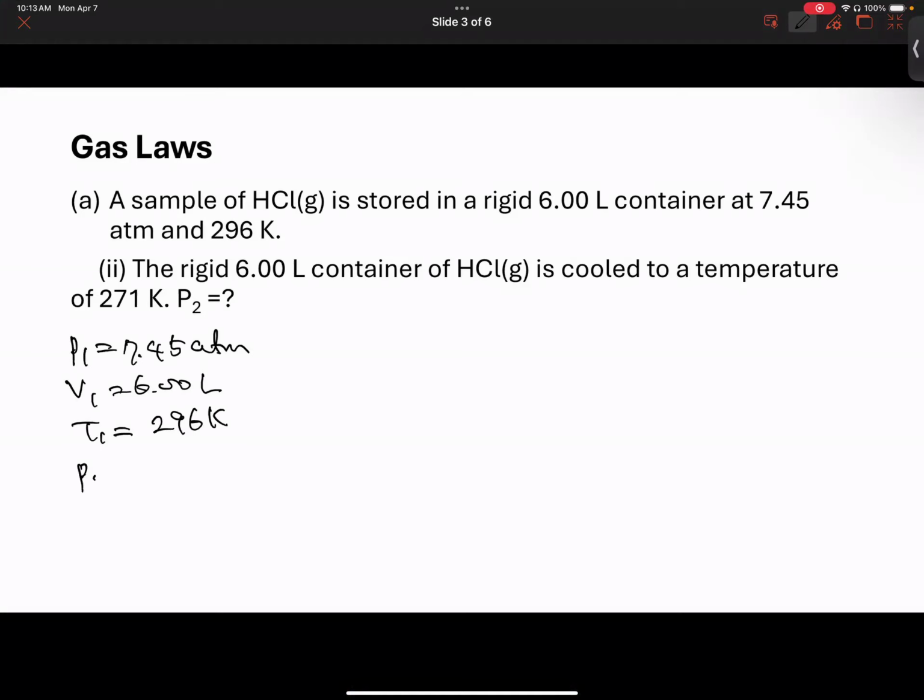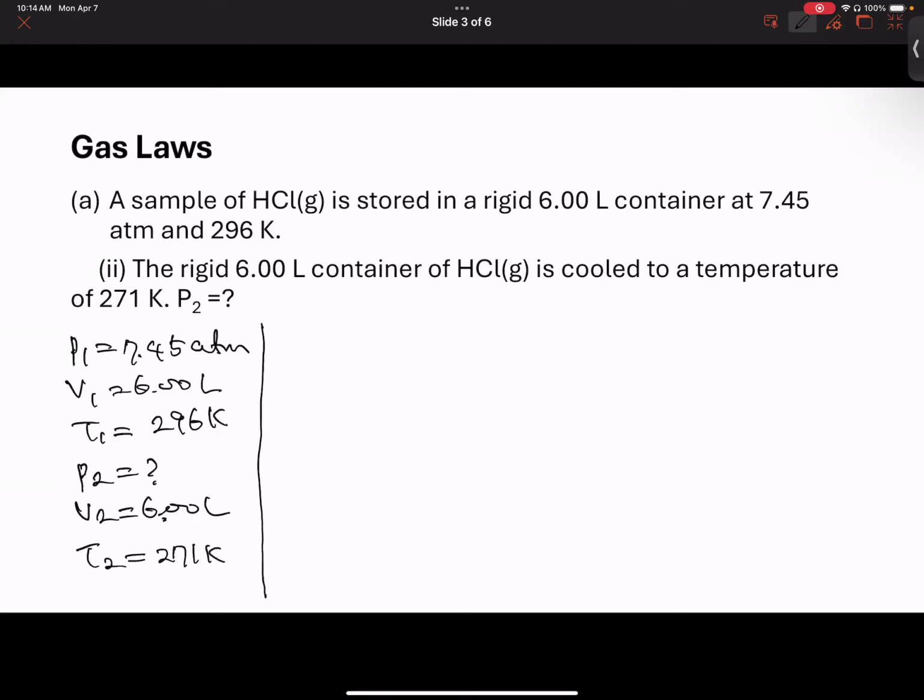Pressure 2 is unknown. It's asking to find the pressure. And volume doesn't change, it is a rigid wall, 6.00 liters. And temperature was cooled to 271 Kelvin. So it is slightly below 0 degrees Celsius.